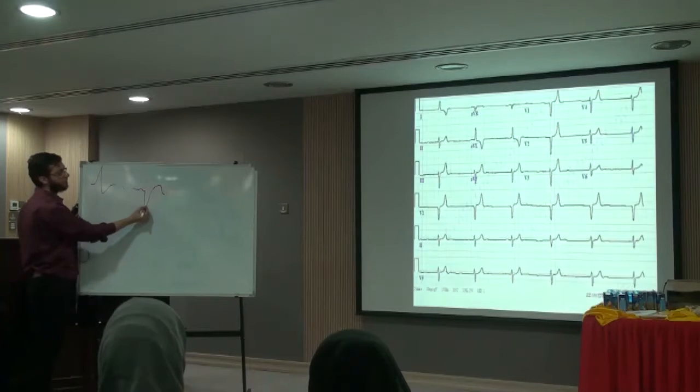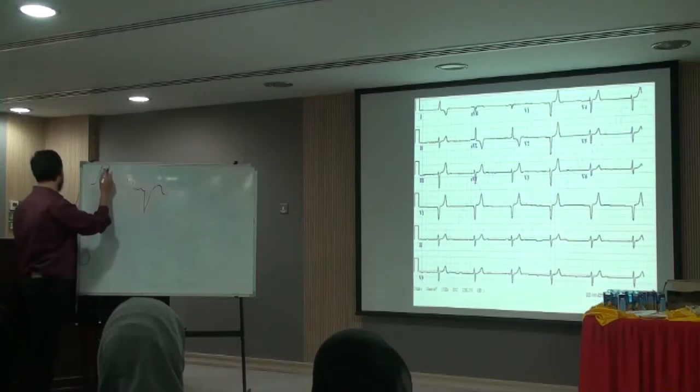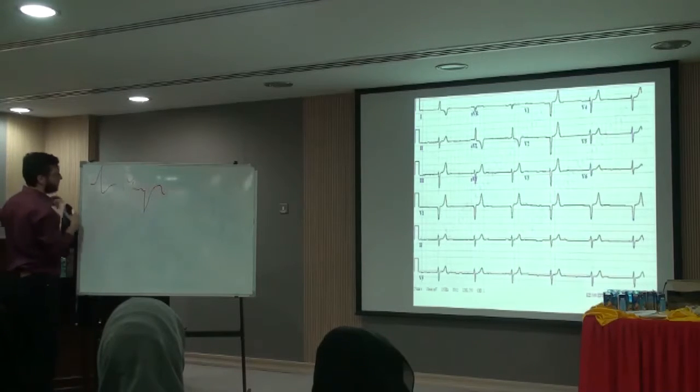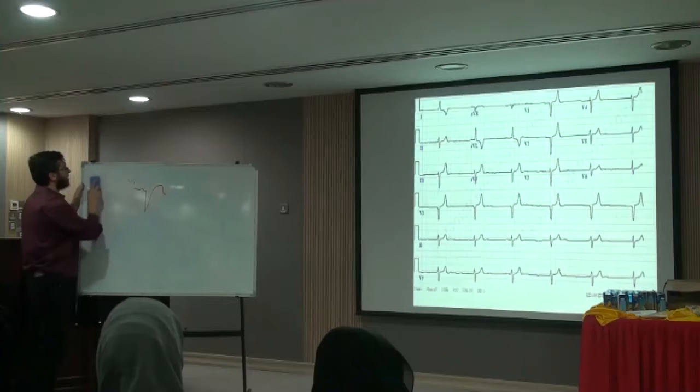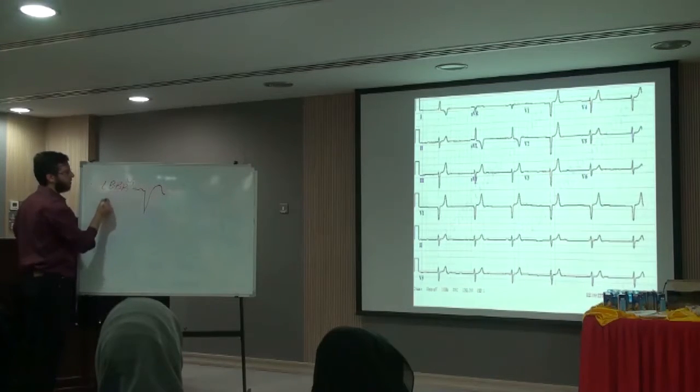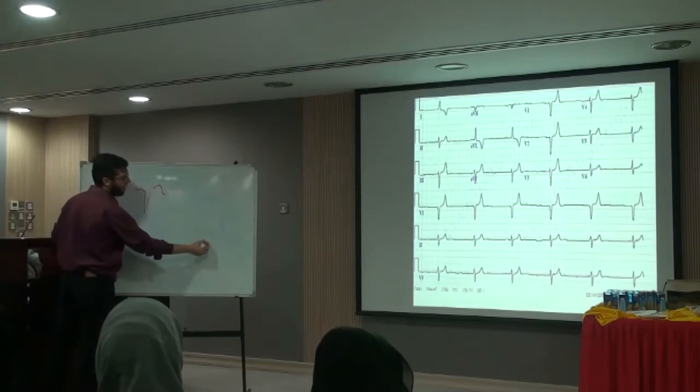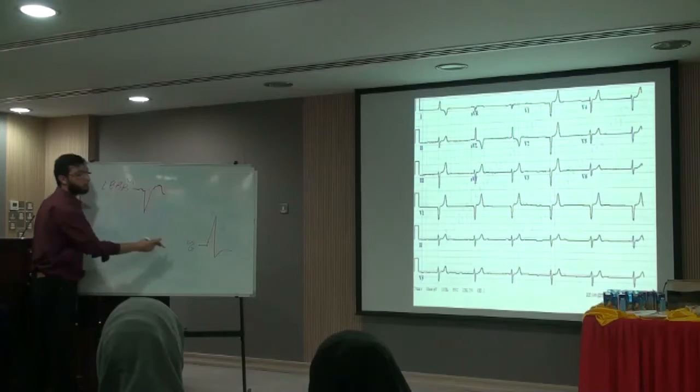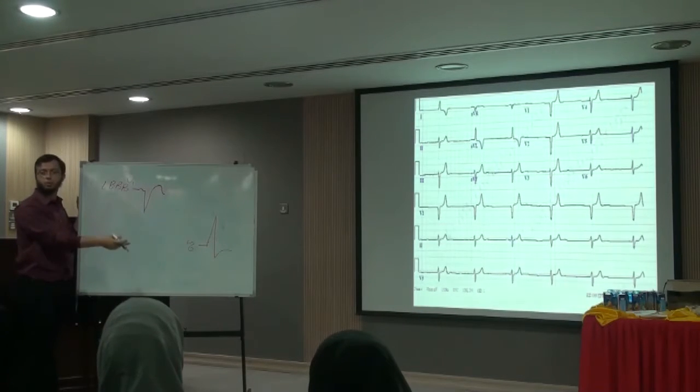Negative QRS complex, positive T. So imagine that this is V1. Imagine that the patient has LBBB. This is V1 and this is V6. Don't we see left bundle branch block like this?